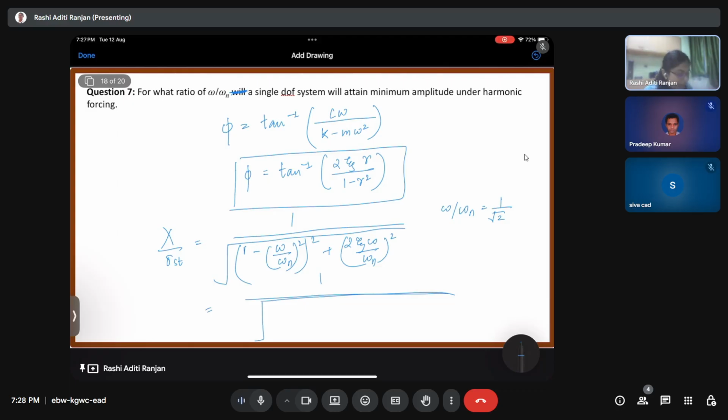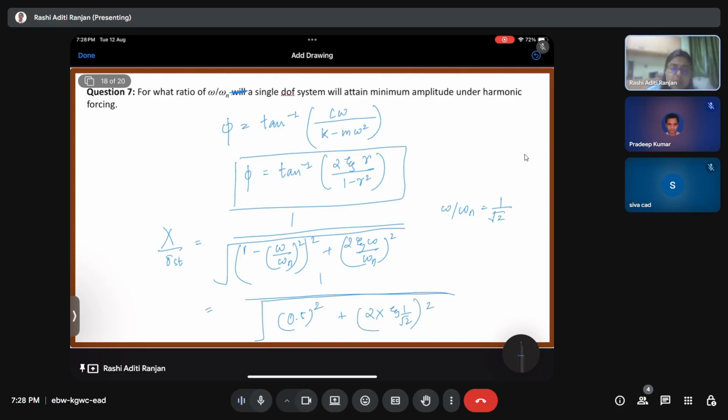So if we do the square, we are going to get 0.5. Over here also, if we do omega by omega n, we are going to get 1 by under root 2, and we are going to do the whole square, right?